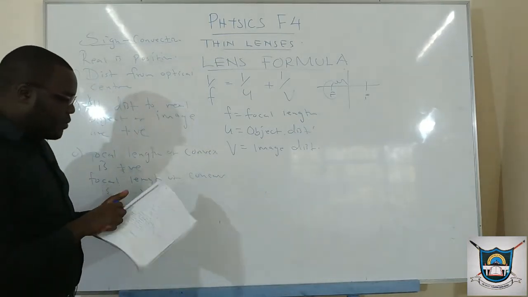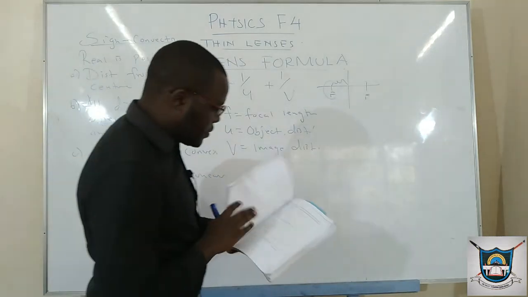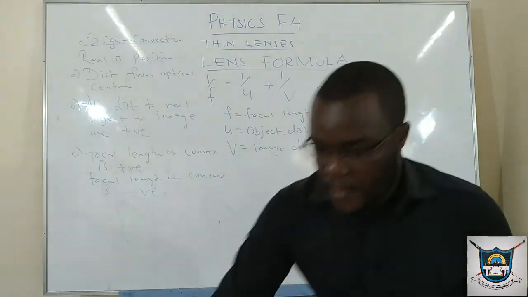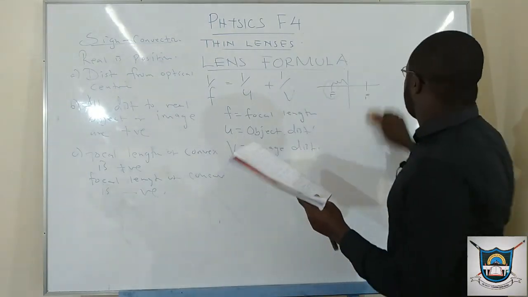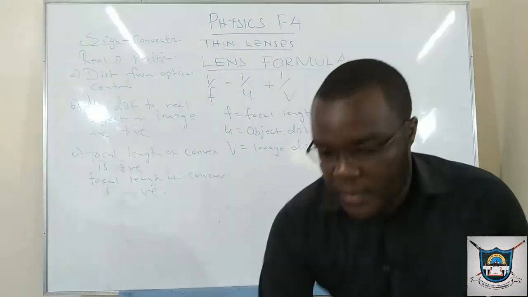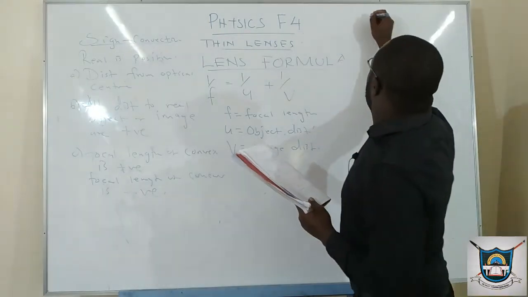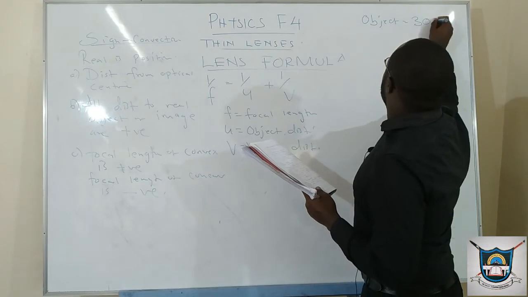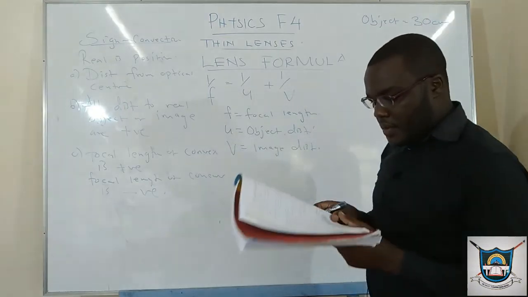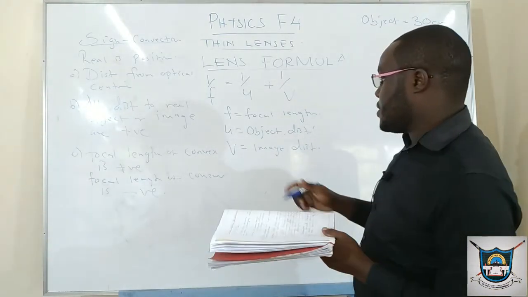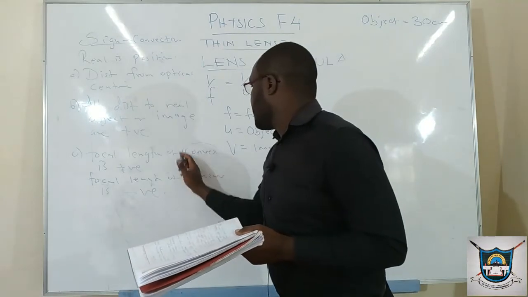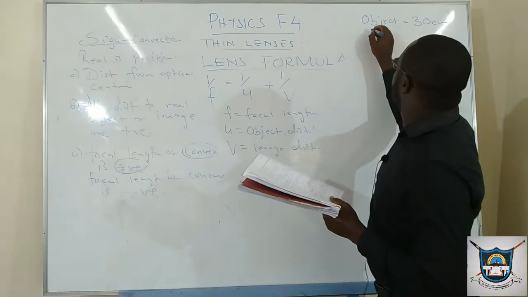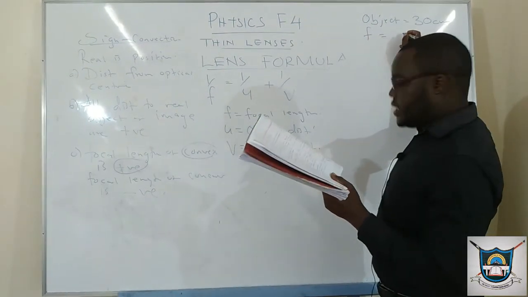So I have an example here that I would want us to do. It says an object is placed 30 centimeters away from a converging lens. So it will be converging, convex, with a positive focal length of 20.